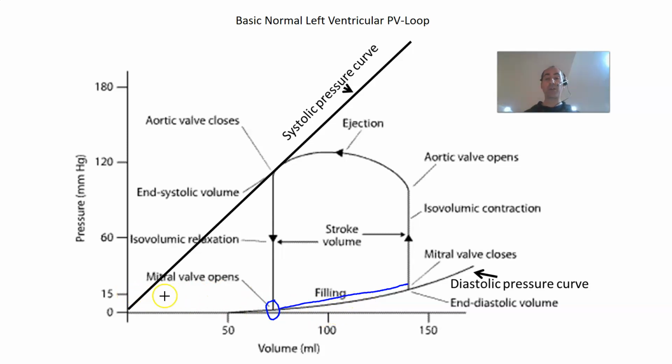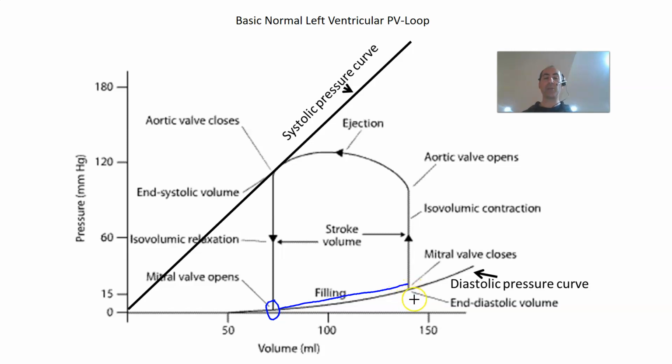By the time you've filled the chamber, the pressure in that chamber is about 15 millimeters of mercury, and it's about 140 mils of blood. Remember, this is different for every human being. This is just an example of a standard human being, roughly a 165 pound, 5'10" male.